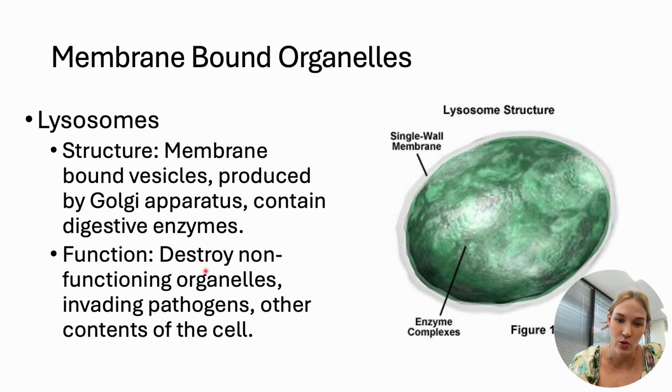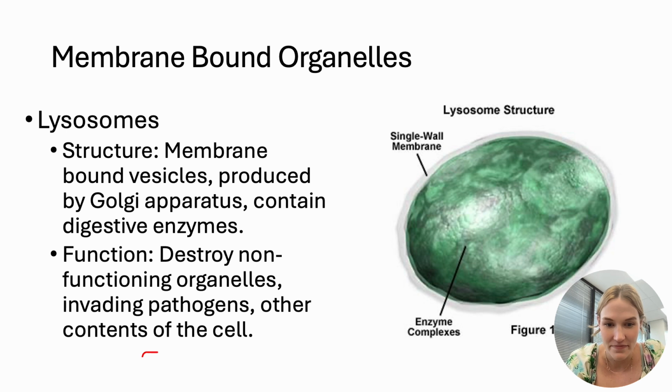They are going to destroy non-functioning organelles. They can eat invading pathogens. So if there is a pathogen that enters the cell, it can get destroyed by the lysosome, and it can destroy other things. Now, when I say destroy, that doesn't always mean it's a bad thing. It's designed. So we have something called apoptosis.